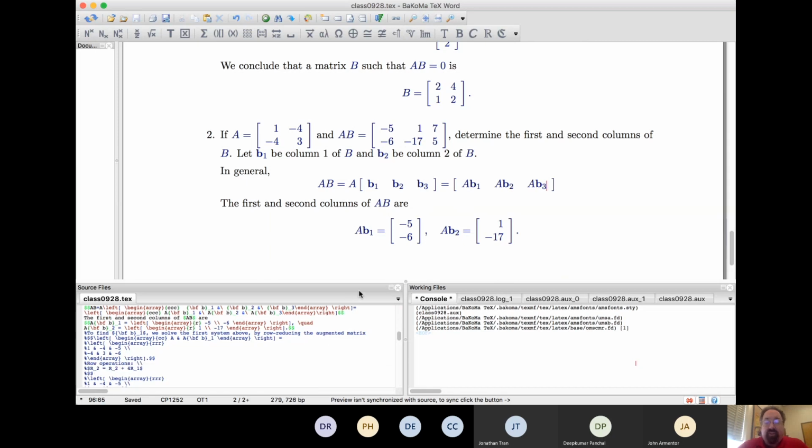So what this gives us is two systems of equations to solve involving A. Like before, we were solving AX equals B, and that's what we have here. This is our right-hand side, which we normally refer to as B. The solution, which we normally call X, to this system is the first column of B. The solution to this system is the second column of B.